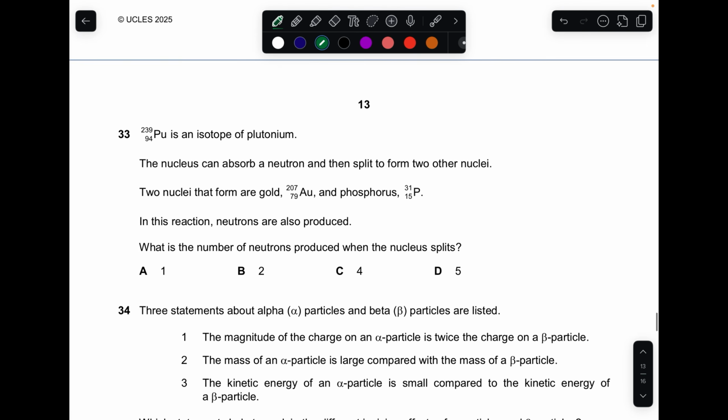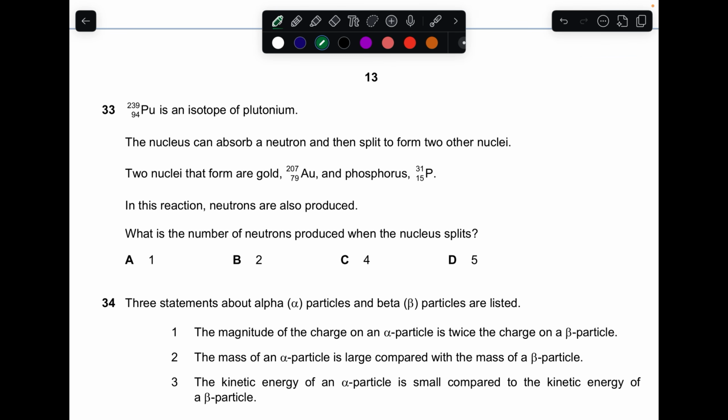In question 33, Pu is an isotope of plutonium. The nucleus can absorb a neutron and then split to form two other nuclei. The two nuclei that form are gold and phosphorus. In this reaction, neutrons are also produced. What is the number of neutrons produced? Okay, so we have to make the equation.